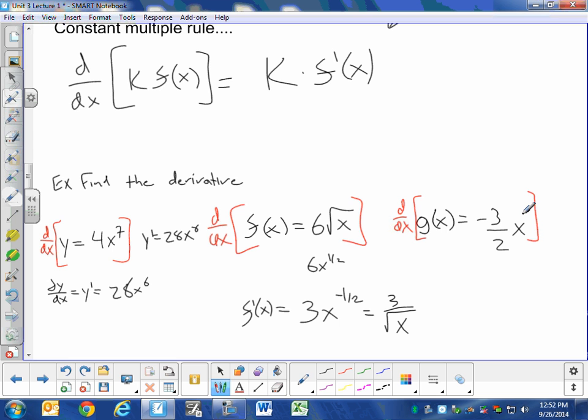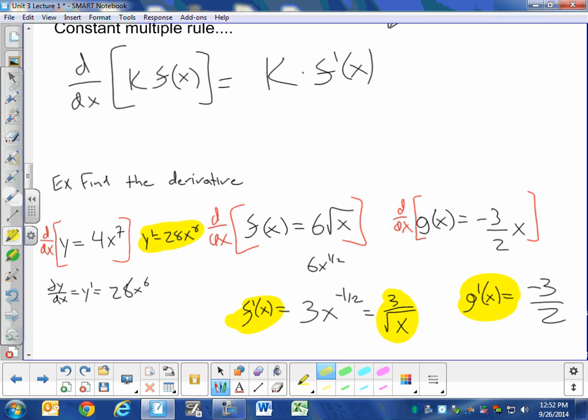Sorry, I'm completely blank. What's the derivative of x? 1. Okay, so -3/2 times the derivative of x is -3/2. Thank you. Okay? Not too tough once we get used to it and once we practice it. Okay, notice I'm writing it as an equation.